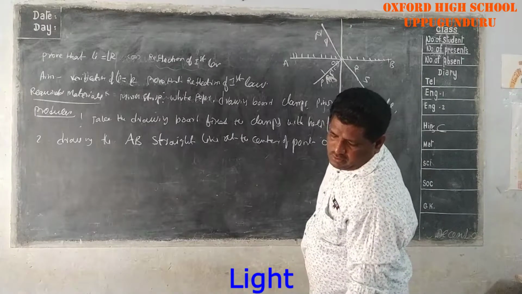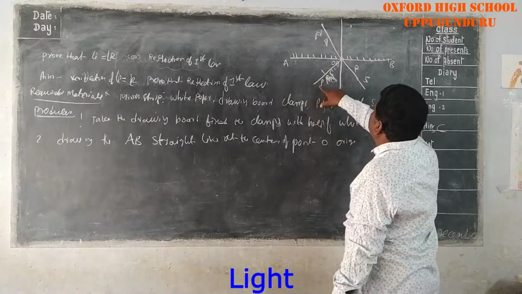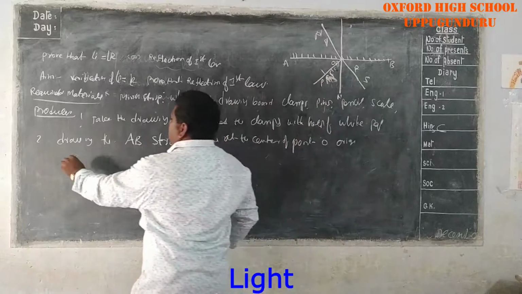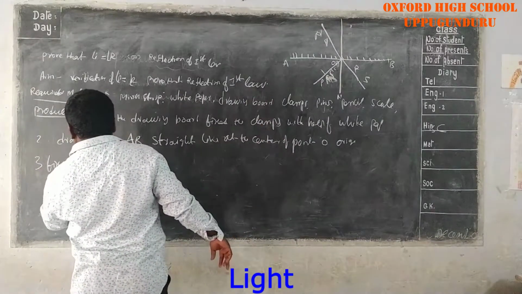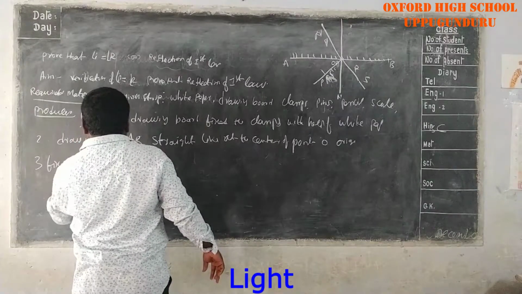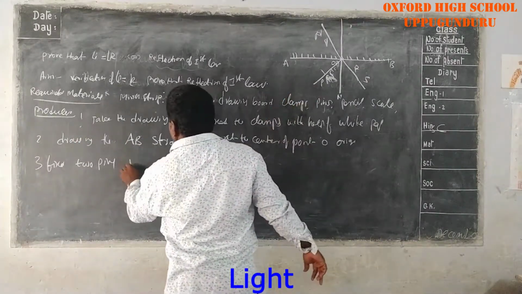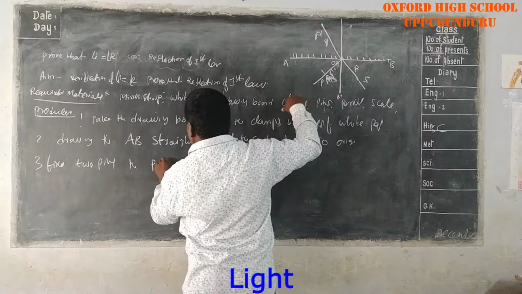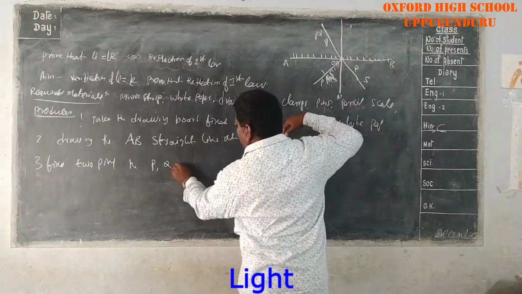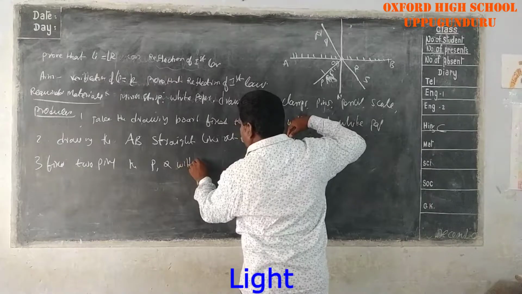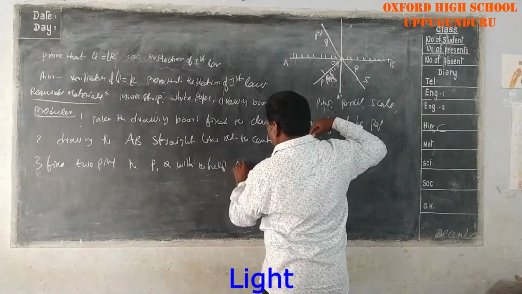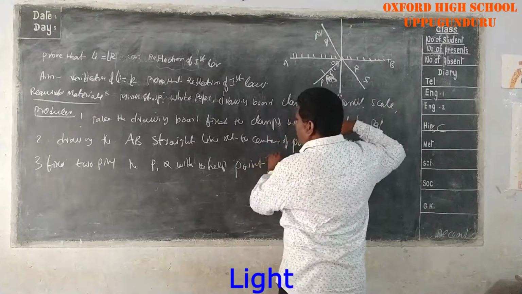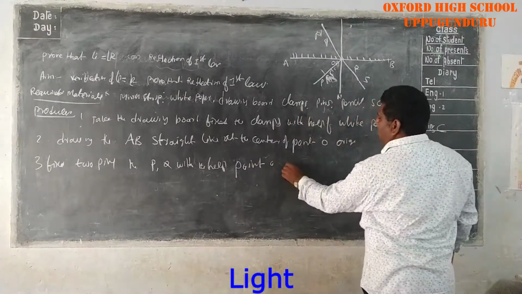Next, fix the 2 pins. These are named P and Q. With the help of the point O, now draw the straight line.